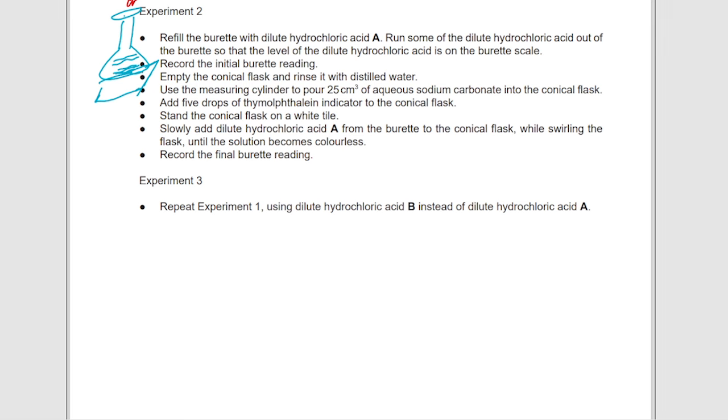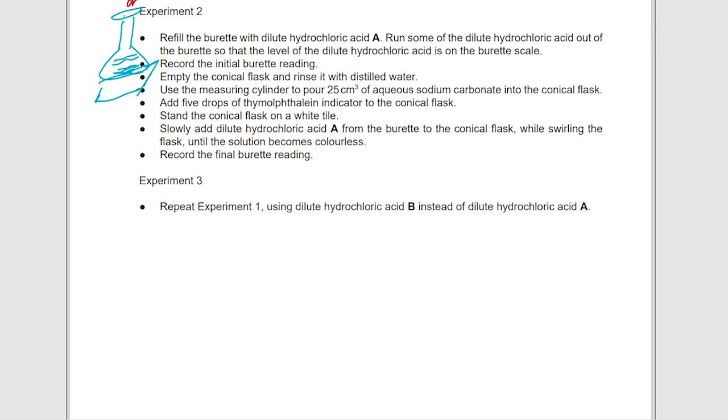Empty the conical flask and rinse it with distilled water. Use the measuring cylinder to pour 25 centimeter cube of aqueous sodium carbonate into the conical flask. Add 5 drops of phenolphthalein indicator to the conical flask. Stand the conical flask on a white tile. Slowly add dilute hydrochloric acid A from the burette to the conical flask, while swirling the flask, until the solution becomes colorless. Record the final burette reading.